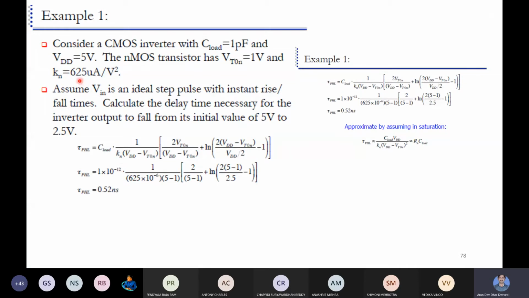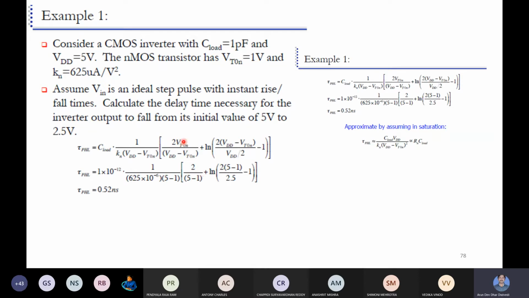Kn is completely mu n Cox W by L, the whole term is already given as 625 microampere per volt square. Then VDD minus VT0n, VDD is 5 volt, VT0n is given as 1 volt.